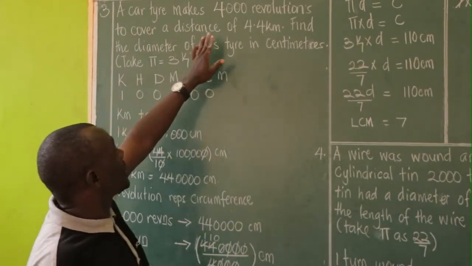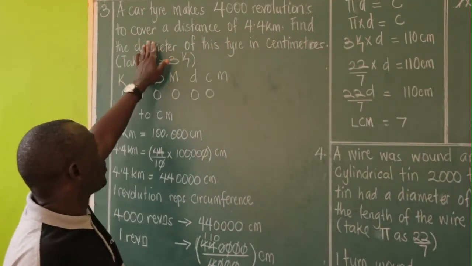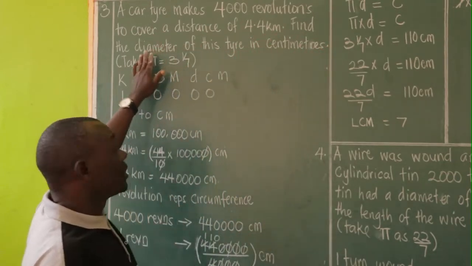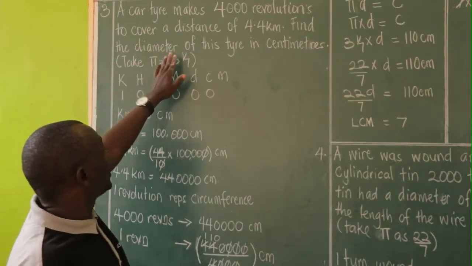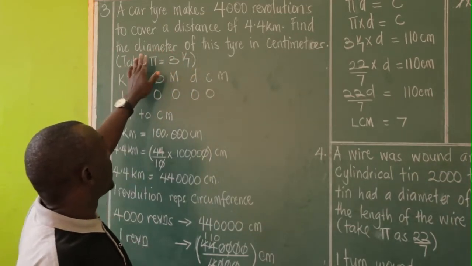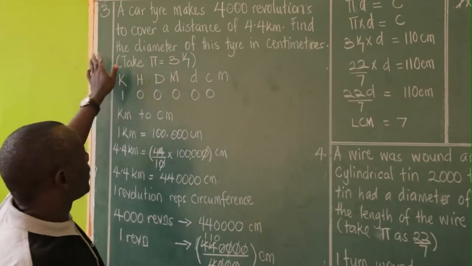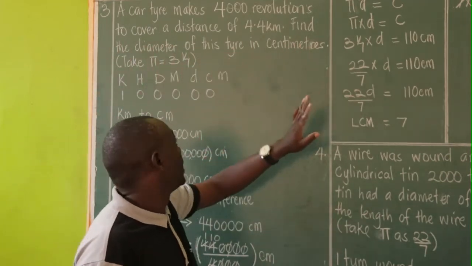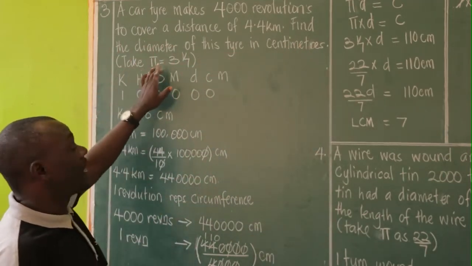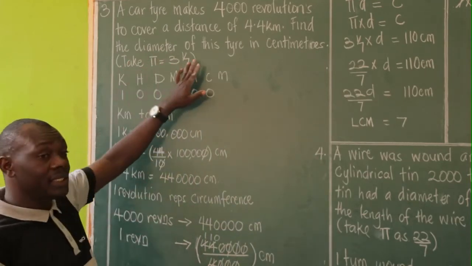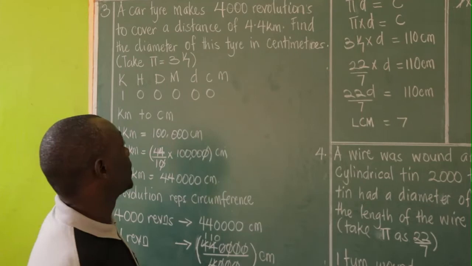The question is, find the diameter of this tire in centimeters. Take pi as 3 1/7.